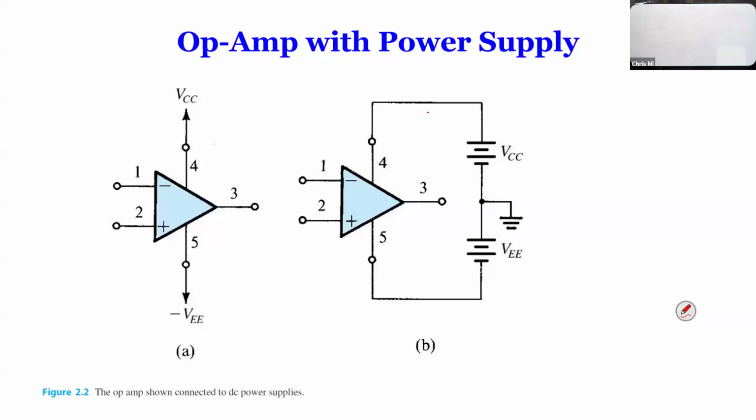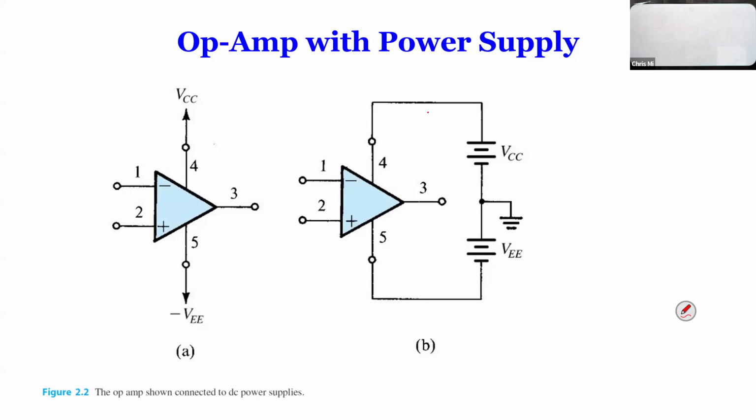To take it a little bit further, an op-amp should have a power supply. Sometimes we call it VCC or VDD or VSS. The E means emitter and C means collector, that's for a BJT. So especially in this chapter, in this class, we omit those, so we don't draw terminals 4 and 5.